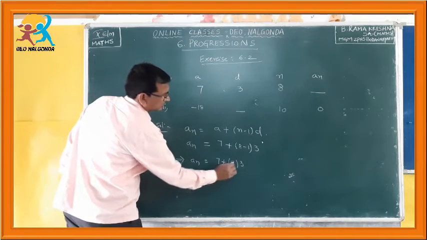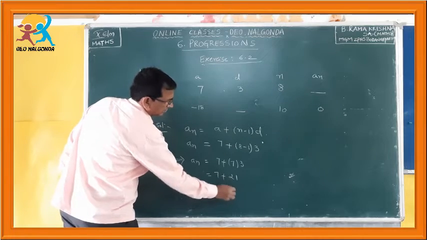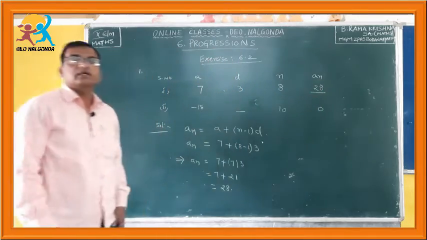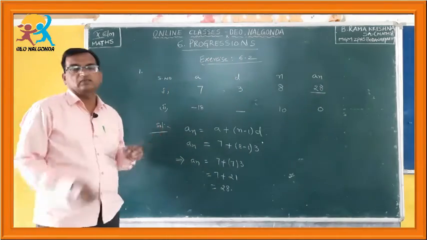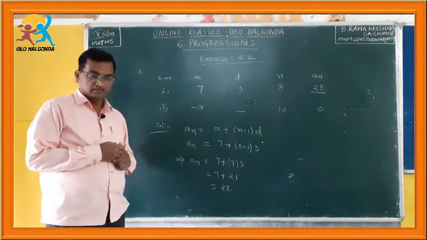So 7 plus 21 is equal to 28. So An is 28. In this manner, using this nth term formula, you can find the things which were not given.